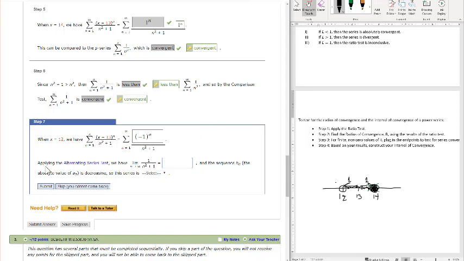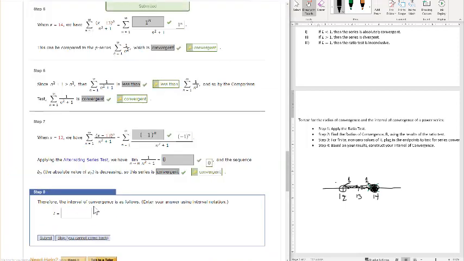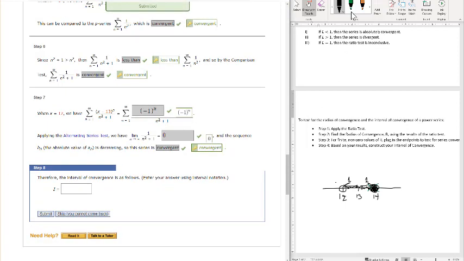But let's see what they say. Applying the alternating series test, the limit as n goes to infinity is going to be 0, and the sequence b sub n is decreasing. So the series is convergent.